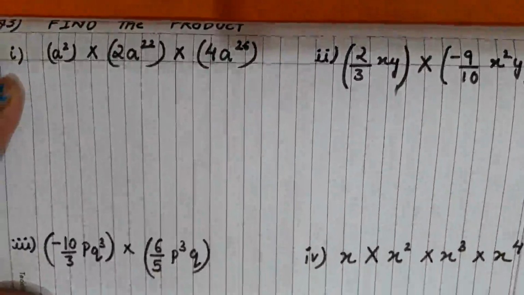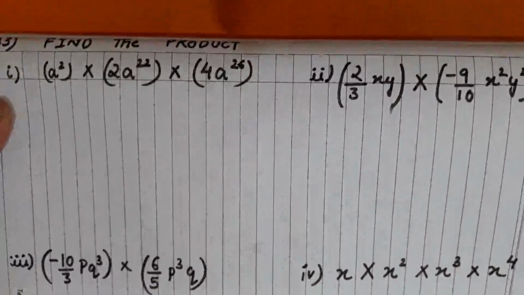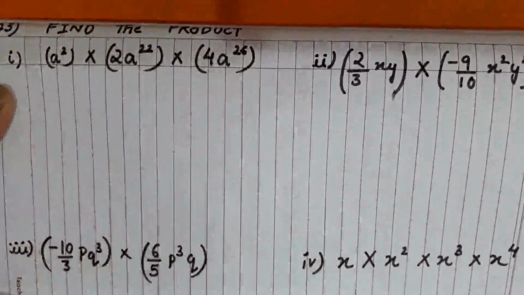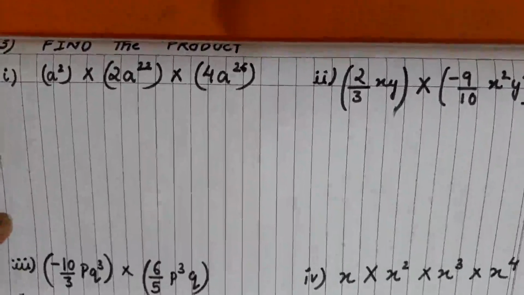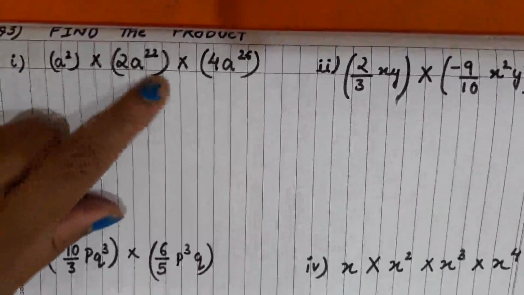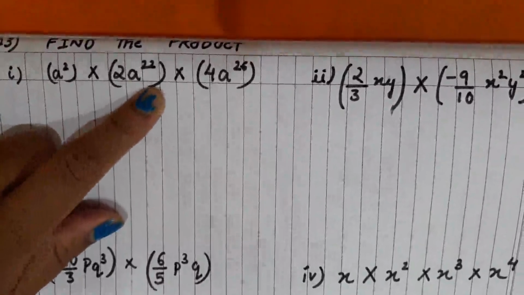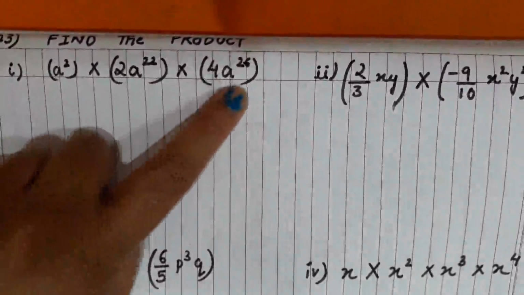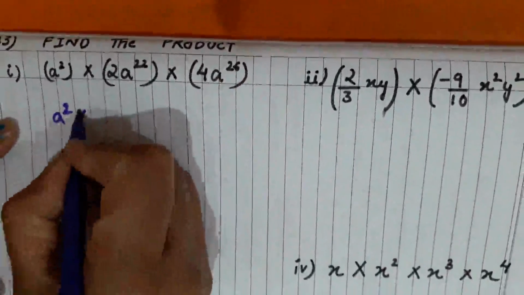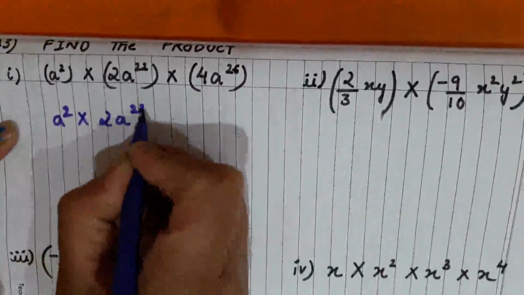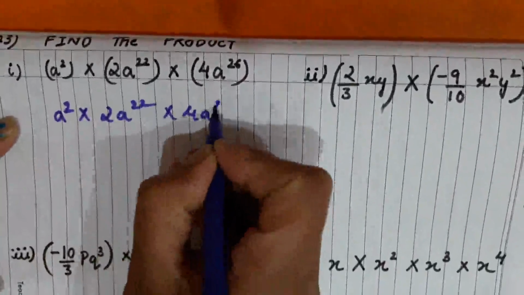Now next question, again from exercise 9.3, question number 3. Find the product. Okay, now again you have to find the product. So a square, 2a to the power 22, 4a to the power 26. So how can you write? A square multiply with 2a to the power 22 multiply with 4a to the power 26.